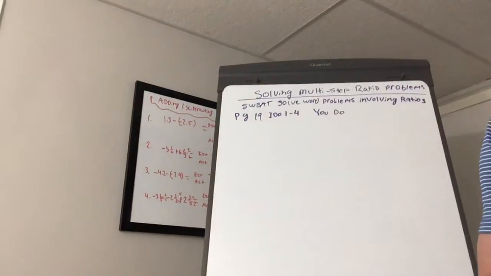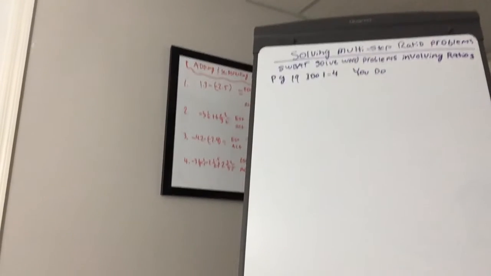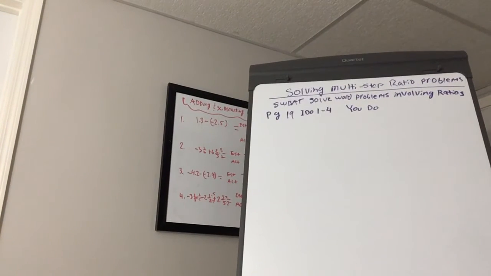It says, Molly and Liza are exercising. Molly does 10 push-ups at the same time as Liza does 15 push-ups. So why don't we just make a table?